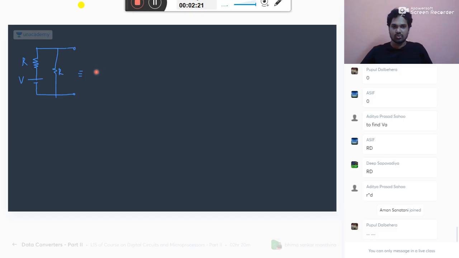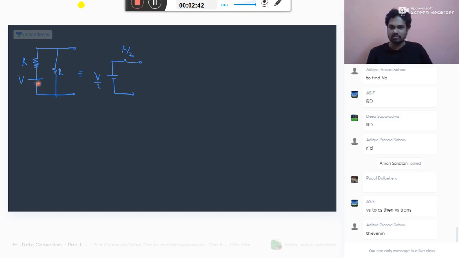Keep this in your mind. If you have a voltage source in series with a resistance, parallel with another resistance, the equivalent is V by 2 in series with R by 2. This voltage can be anything.